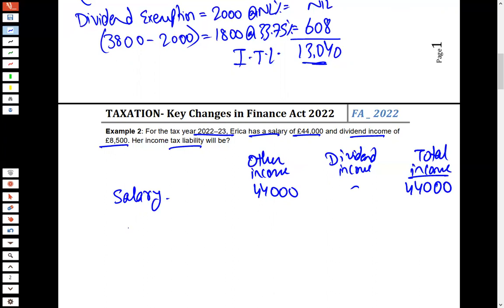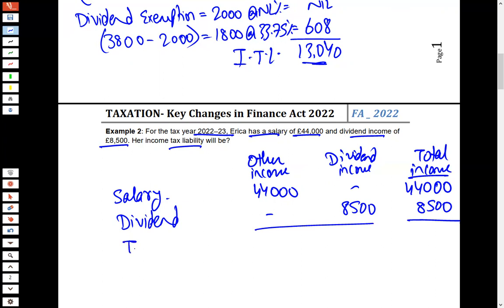After the salary, dividend, since no other income, I'm making this as total. And since there is no qualifying interest, I'm assuming whatever is total is my net income, which is 44,000, 8,500, the sum amount 52,500.